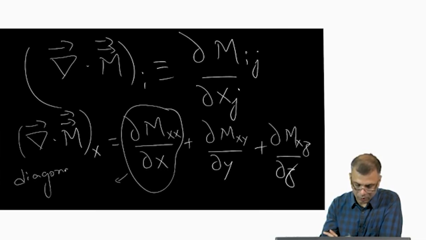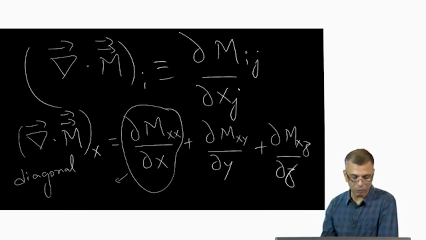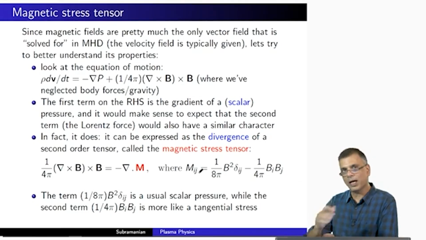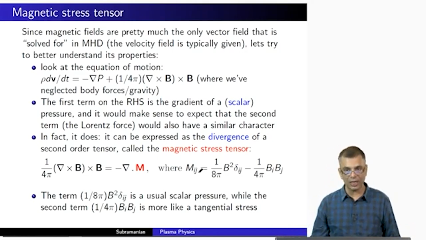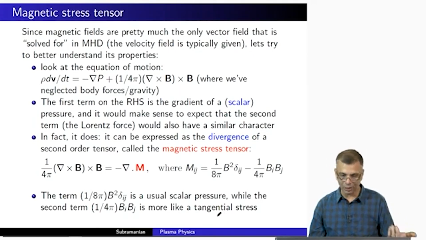Terms like dm xx dx, dm yy dy, dm zz dz, these would be the diagonal components, and these would be the off diagonal components. And we know the diagonal components are much like the usual scalar pressure, whereas this is more like a tangential stress, and let us look at this a little more.